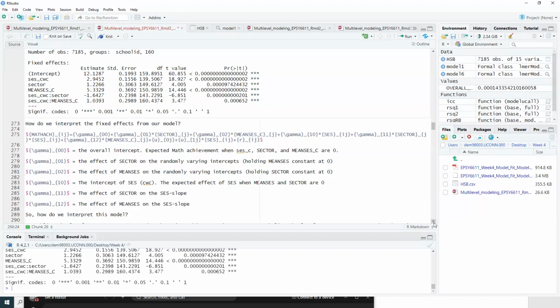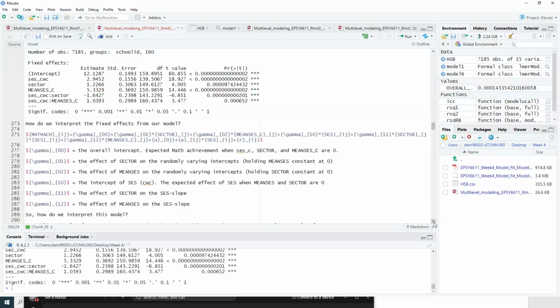Okay. So then again, that's this. We just did gamma not. Gamma not 1 now is the effect of sector on the randomly varying intercept, right? And gamma not 2 is the effect of mean SES on the randomly varying intercepts, right? So what's the intercept?